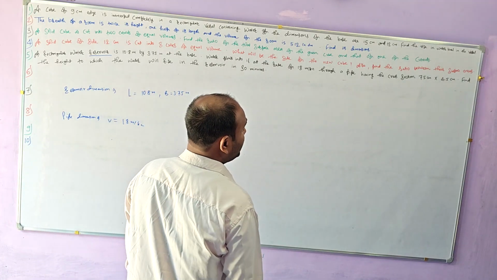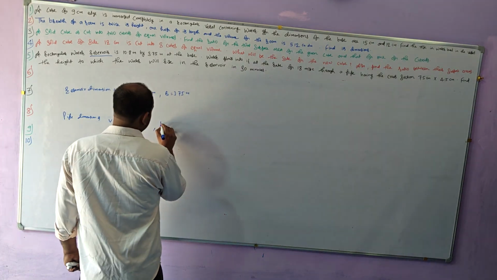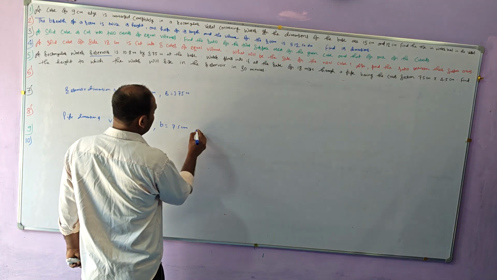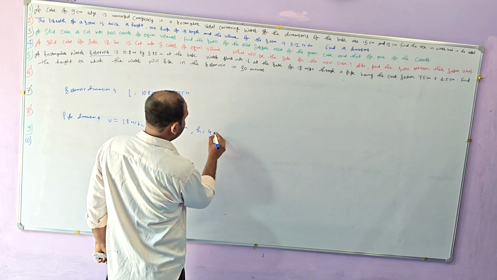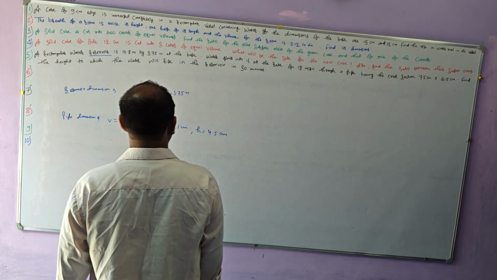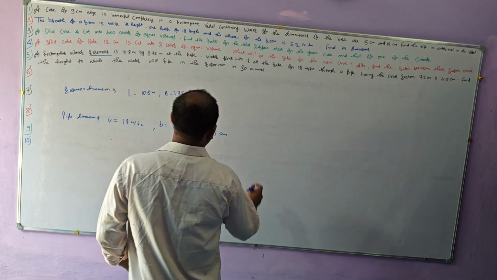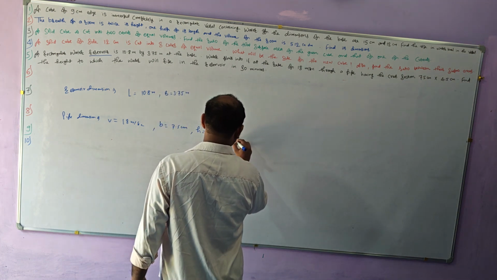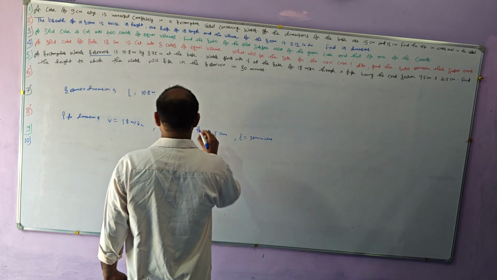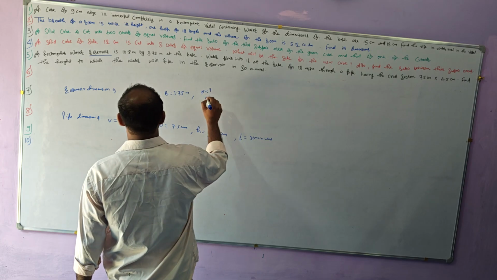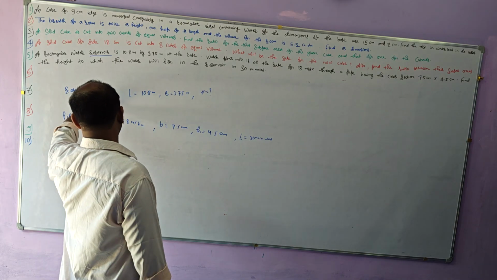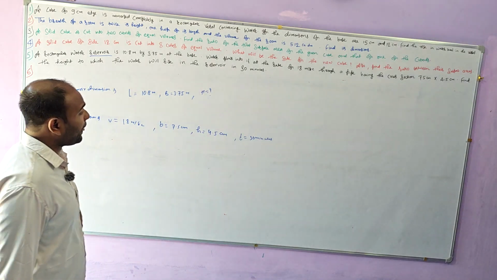Having the cross section 7.5 centimeter. That means B is equal to 7.5 centimeter and H is equal to 4.5 centimeter. Find the height to which the water will rise in the reservoir in 30 minutes, and T is equal to 30 minutes. And we need to find H is equal to what? And we know the volume of this is equal to the volume of this.